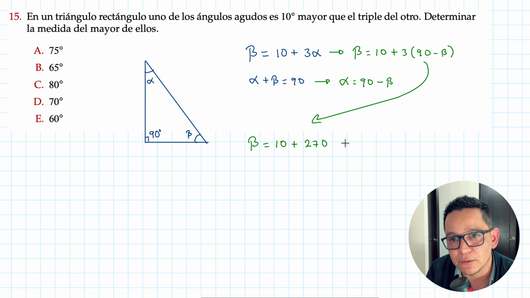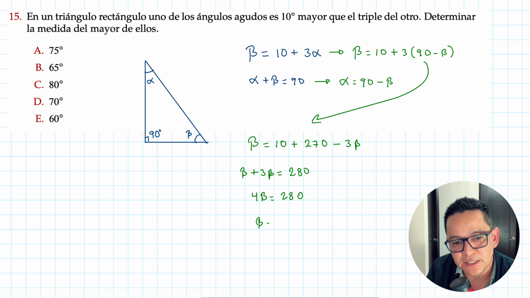And that's it, I just add a 0. And plus 3 times minus beta, so I get minus 3 beta. This minus 3 beta, I can move it to the other side, so I have beta plus 3 beta. And on the right side, we have 10 plus 270, which is 280. We add the betas. Beta plus 3 beta is 4 beta. And on the right side, we still have 280.